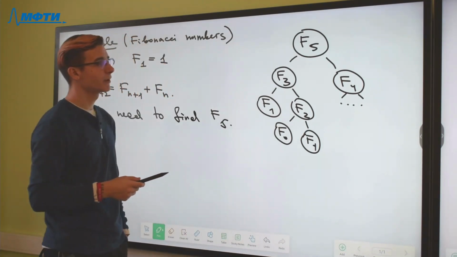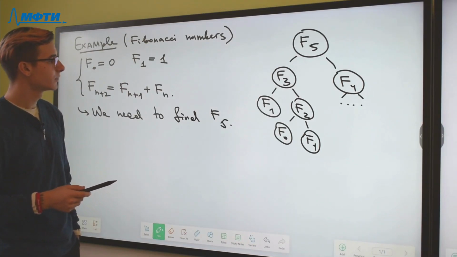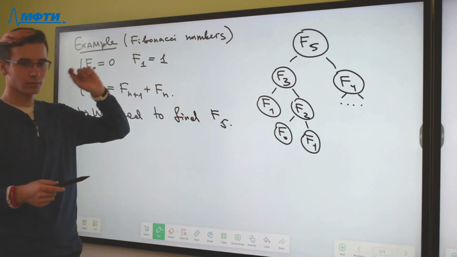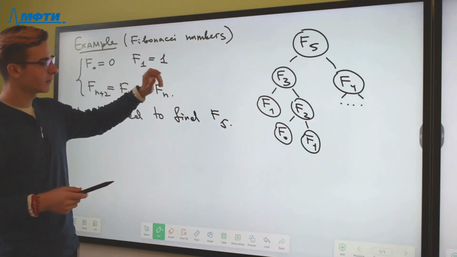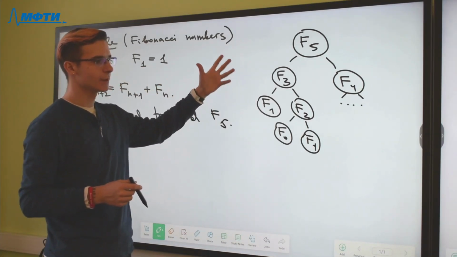For f with index 5, what is the number of subtasks that we need to solve? You can say that one node is equal to one subtask.